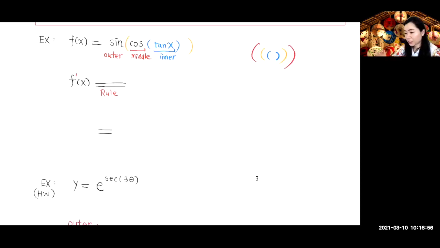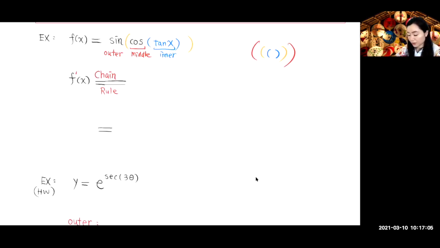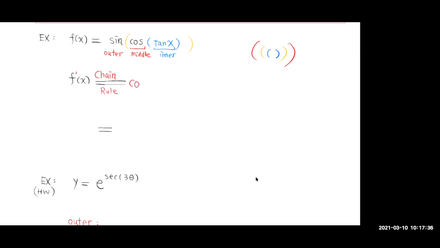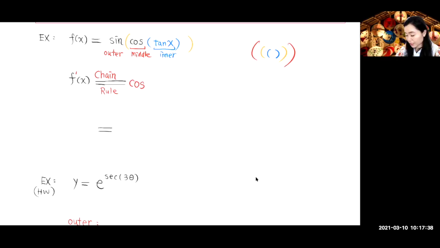So when we differentiate that, we're going to use what kind of rule? Chain rule, right? So we're going to start from the outside, like peeling an onion, we start from the outside and walk to the inside. So what's the derivative of the sine function? Cosine. So cosine, and then you just leave this inside alone.